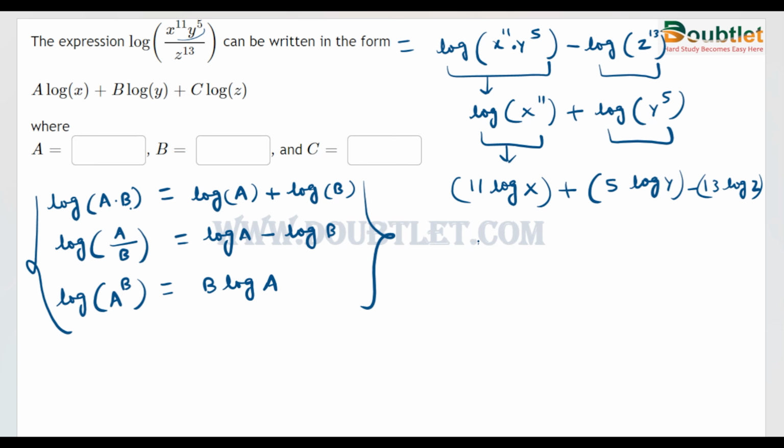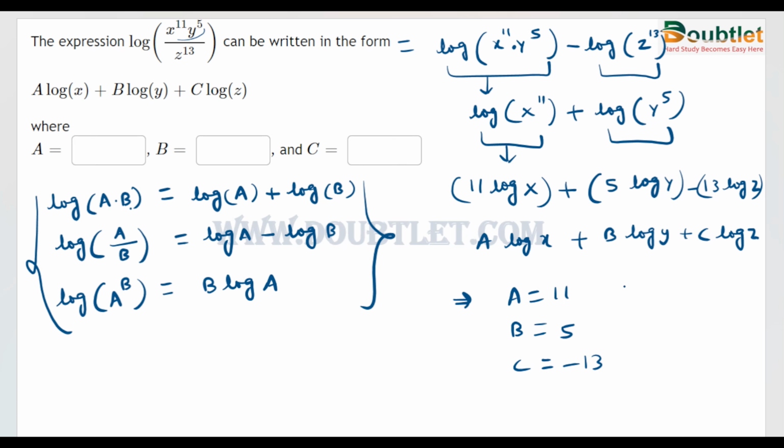If we compare it with a log x plus b log y plus c log z, we get the value of a is equal to 11, b is equal to 5 and c is equal to minus 13. Similarly we can solve such algebraic questions which contain logarithms by using these properties.